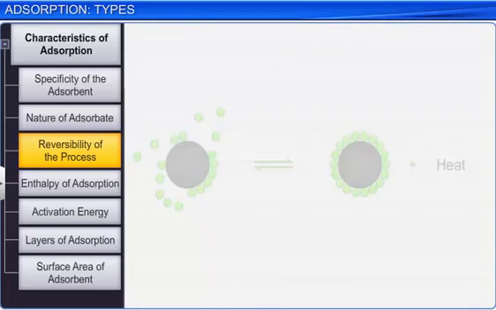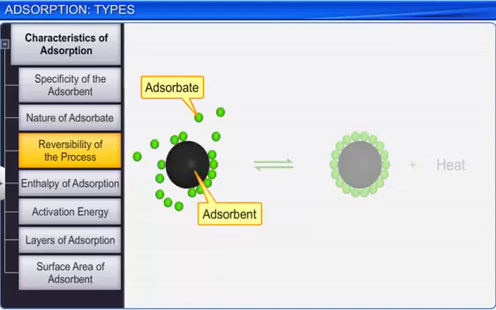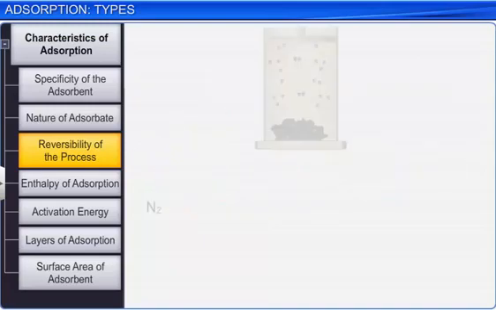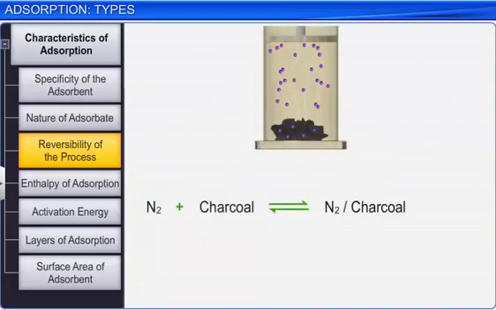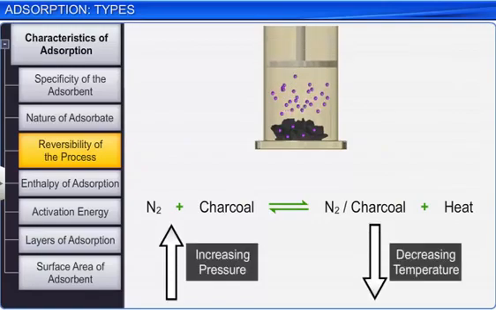You know that adsorption is an exothermic process. The equilibrium can be represented as gas, the adsorbate, plus solid, the adsorbent, in equilibrium with the gas adsorbed on the solid plus heat. On applying Le Chatelier's principle, it can be seen that when we increase the pressure or decrease the temperature, the equilibrium shifts forward.